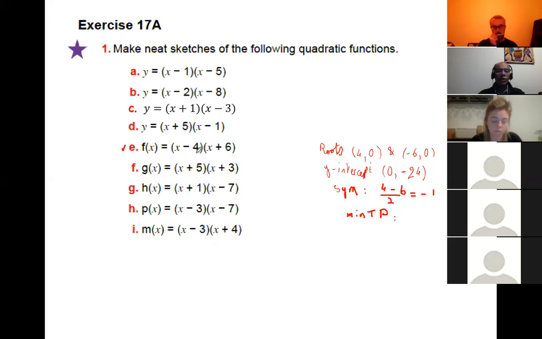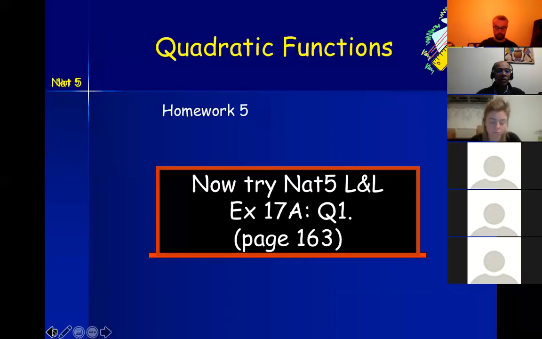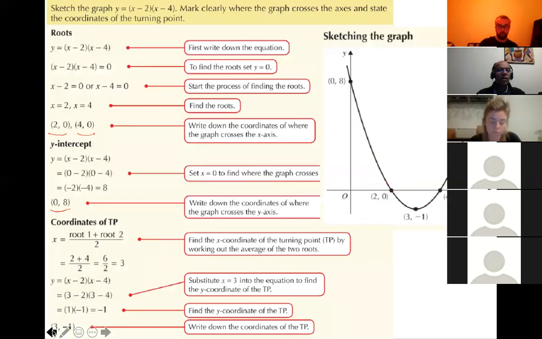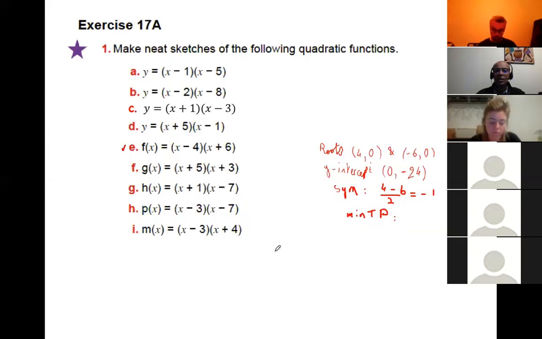So what we've got here is x squared minus 4x minus 24. So for the turning point, the coordinate is we find x equals 1, because that's the axis of symmetry.